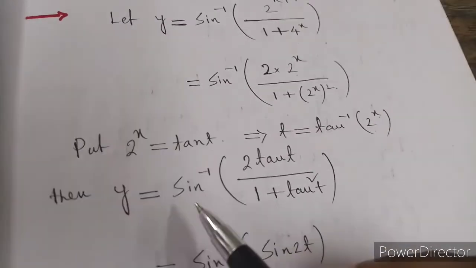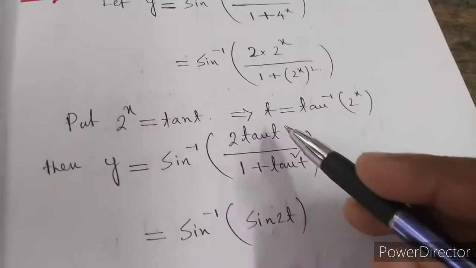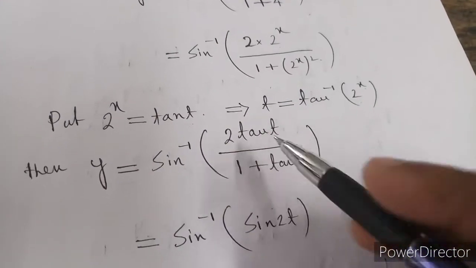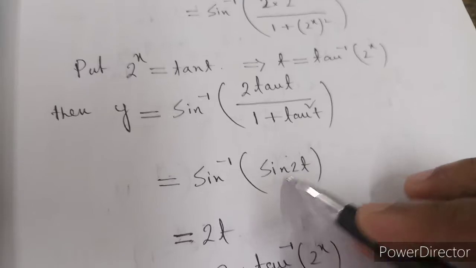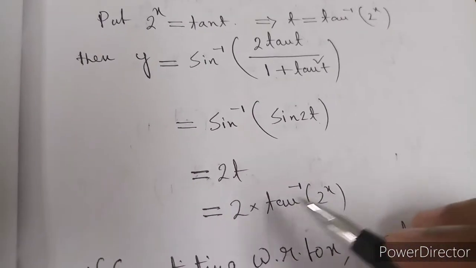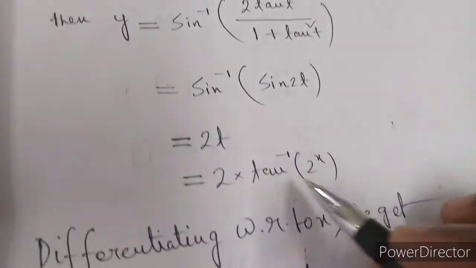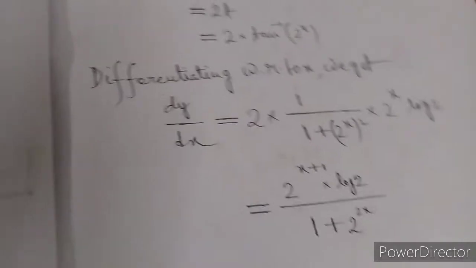So now y should be sin inverse, instead of 2 to the power x we write tan t. So 2 tan t by 1 plus tan square t, the formula is sin 2t. So sin inverse sin 2t means only 2t. So 2 into t, but the value of t is tan inverse 2 to the power x. So 2 into tan inverse 2 to the power x. Now differentiate with respect to x.